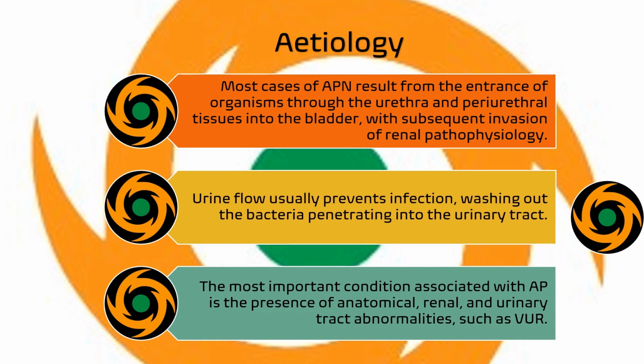Around the etiology, most cases of APN result from the entrance of organisms through the urethral and periurethral tissues into the bladder, with subsequent invasion of renal pathophysiology.